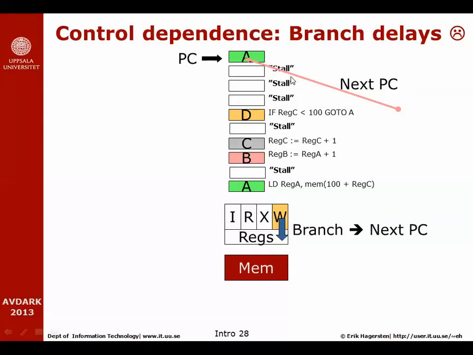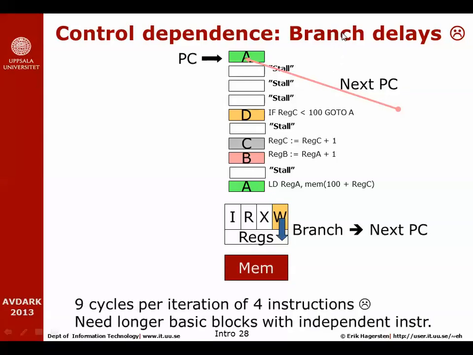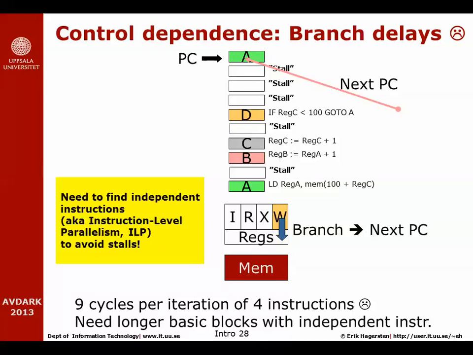That introduces even more stalls in the pipeline where we simply don't know which instruction to execute next, and this is referred to as branch delays. So these simple 4 instructions actually took us 9 cycles to execute instead of what we had hoped, that they would complete 1 instruction every cycle.